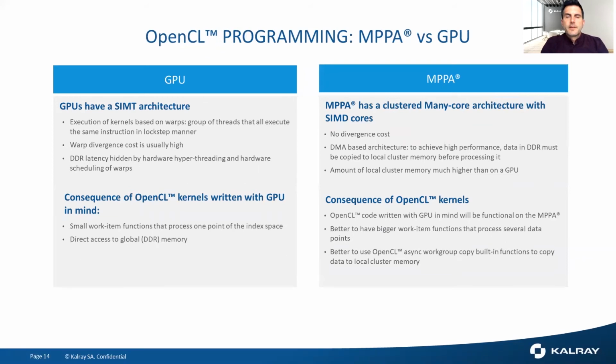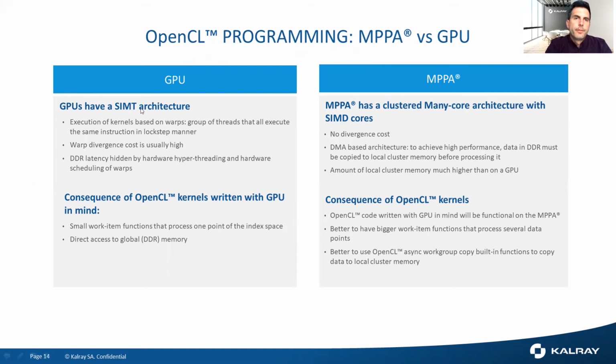So let's now compare programming with OpenCL on a GPU versus on MPPA. If you look at a GPU in terms of architecture, GPUs usually have a SIMT architecture, which means that the execution of kernels is based on warps, which are groups of threads that all execute the same instruction in a lockstep manner.